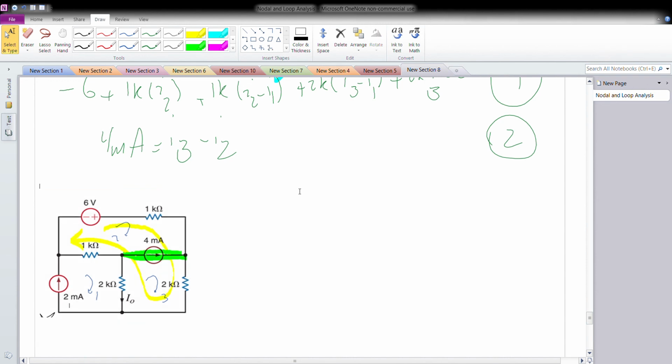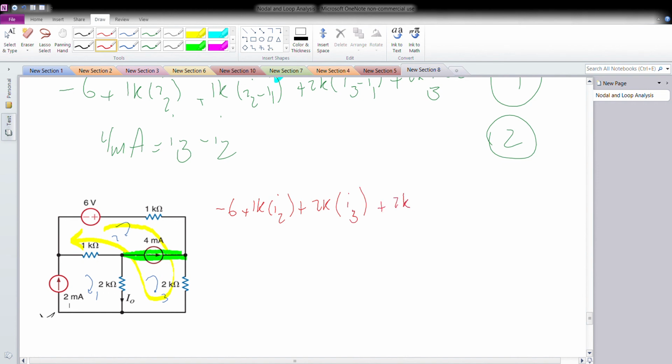let's see, so I'm going in the loop: minus 6, and then plus 1k. What's the loop that the 1k belongs to? I2. Plus I get to the 2k, because it's as if that current source wasn't there, right? What's the loop that the 2k belongs to? 3, so 2k I3, plus I get to the other 2k that's shared.